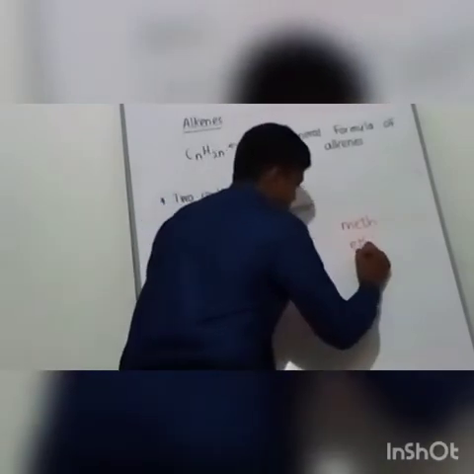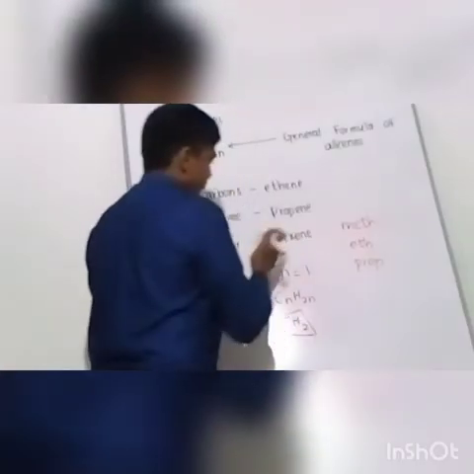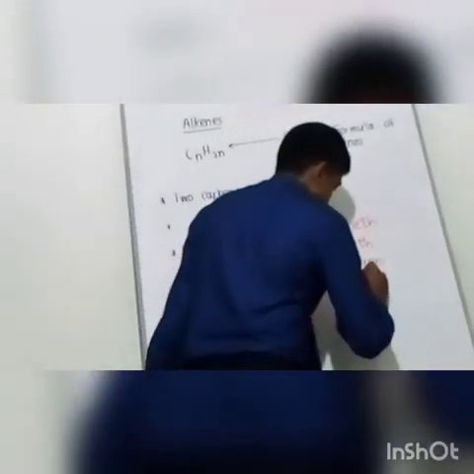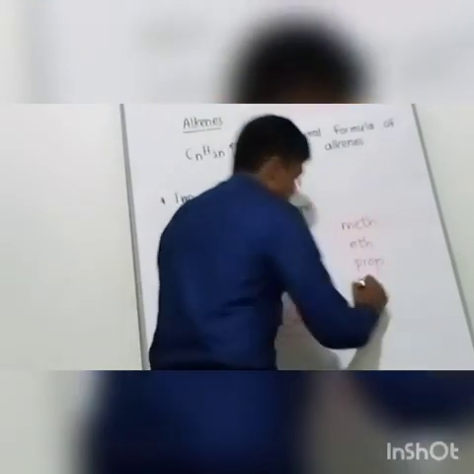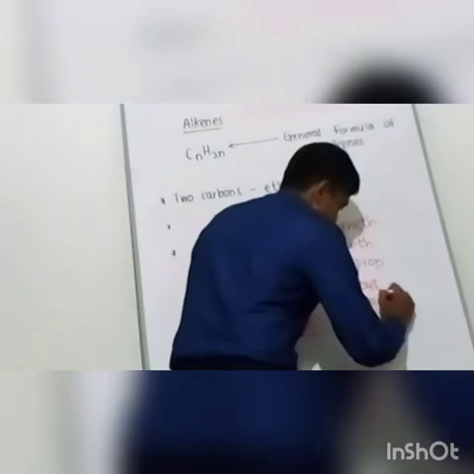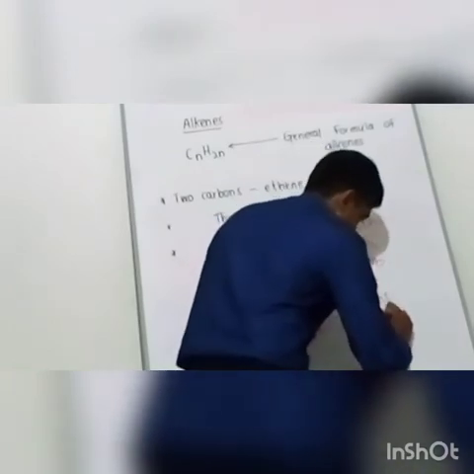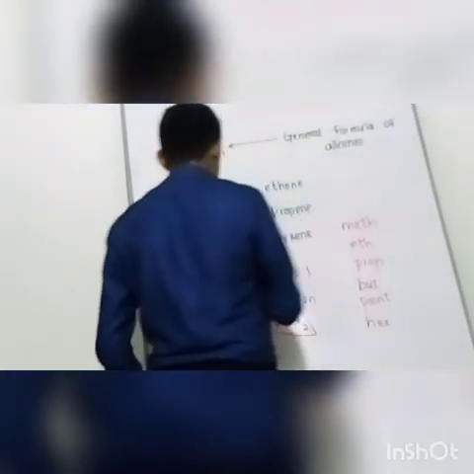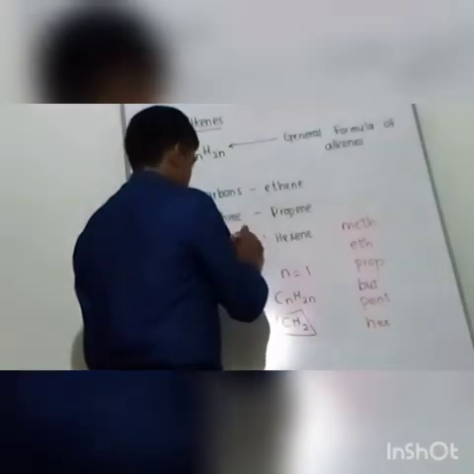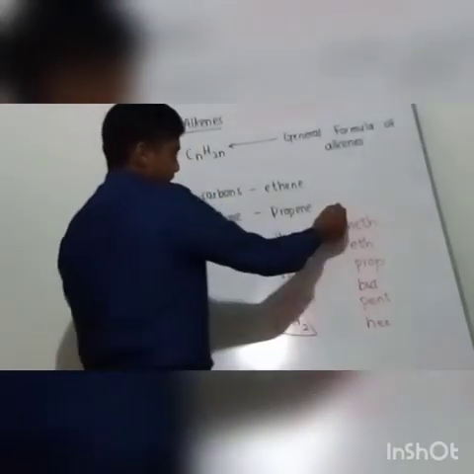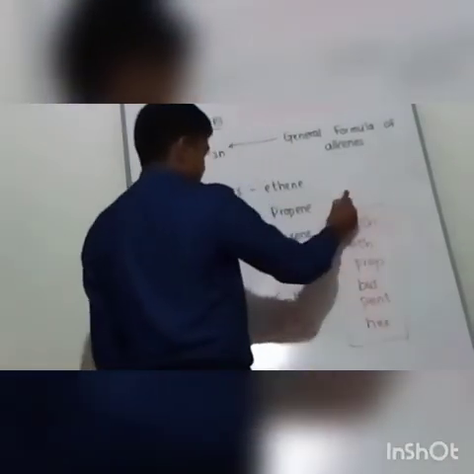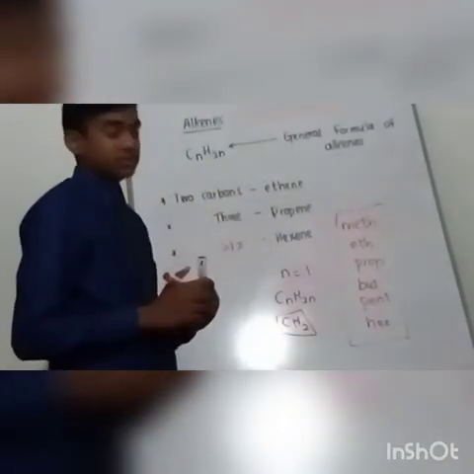If 3, it's prop. If 4, it's but. If 5, it's pent. If 6, it's hex. Normally they show you only up to 6.